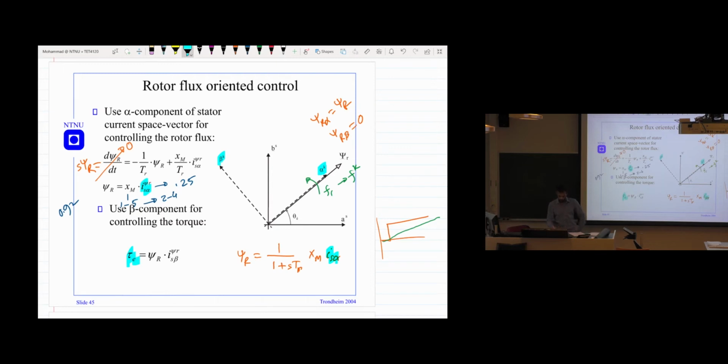Because the total stator current, that we know, is IS alpha square plus IS beta square. This is the total current. This is the maximum current that we can allow. Since we don't need that much current for magnetization, we can use the remaining current for torque production. So that is the one thing we see from this equation.